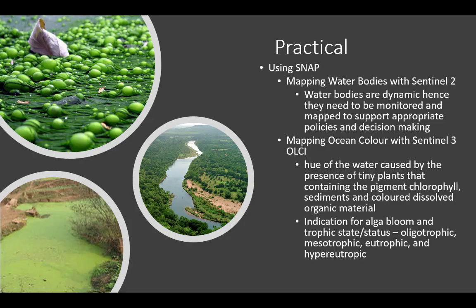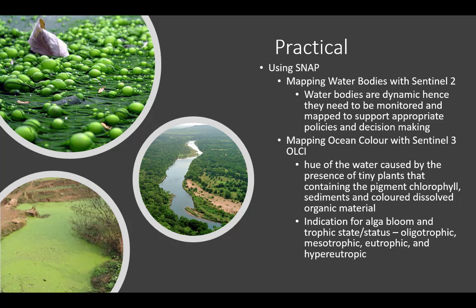For the practical classes, we're going to use two different Sentinel missions, the Sentinel-2 mission and the Sentinel-3 mission. Each one of them has different characteristics, and they are useful for different Earth observation or resource management capacity.